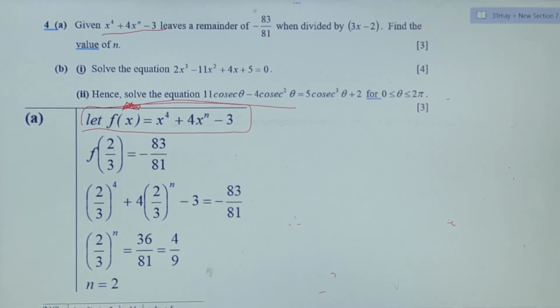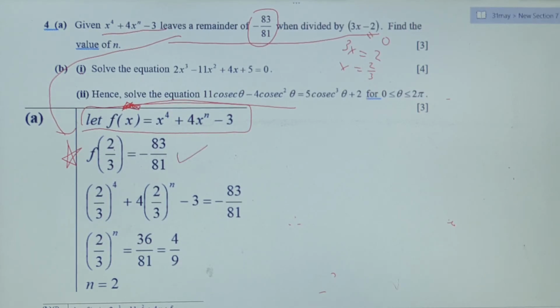So it leaves a remainder of this when divided by this. So what is the x value that you must sub in? 2/3, right? So f(2/3). This whole statement here is actually this statement. So f(2/3) is equal to minus whatever here.